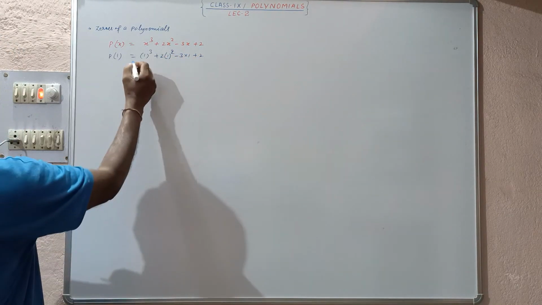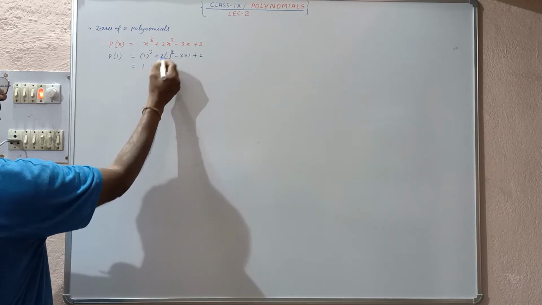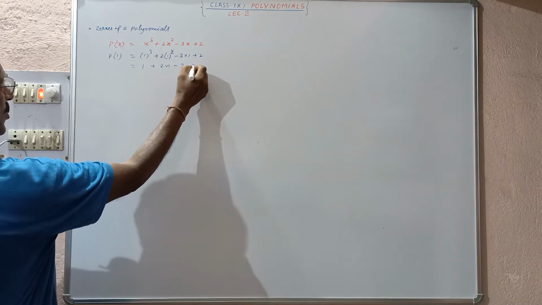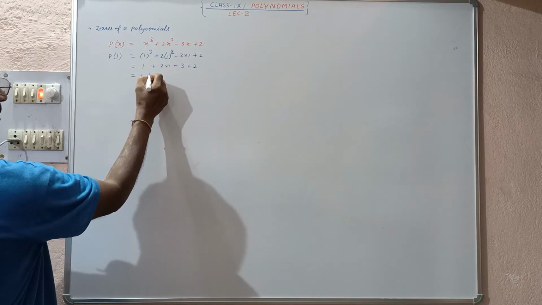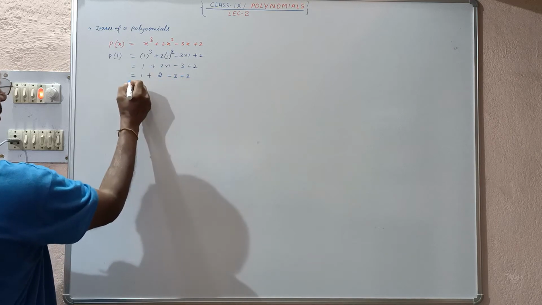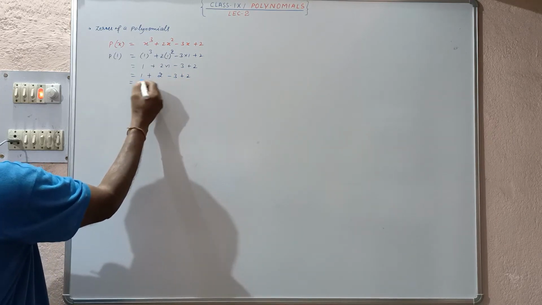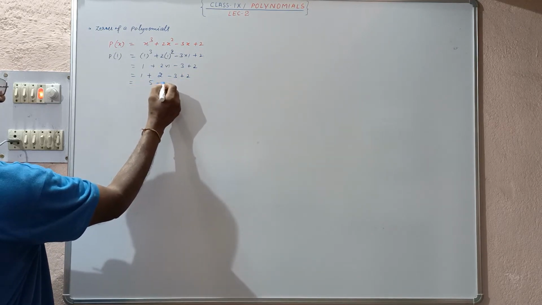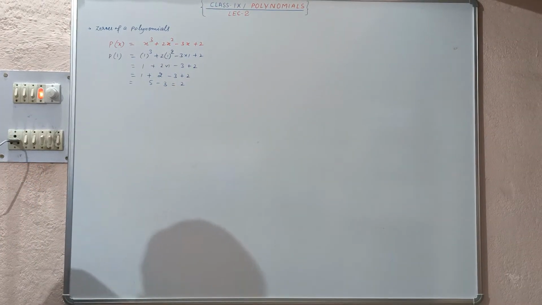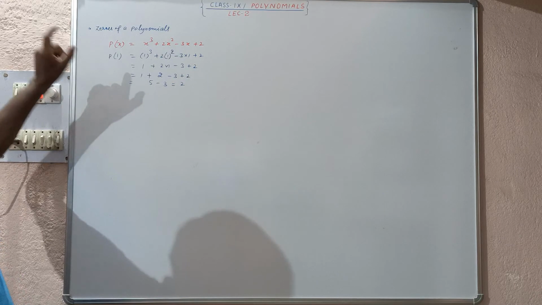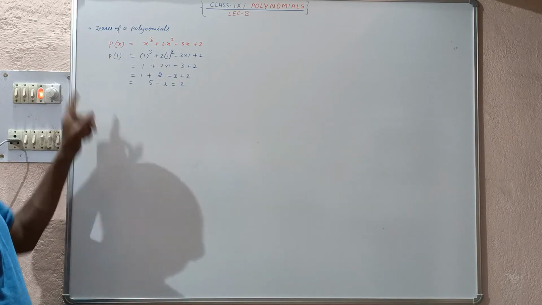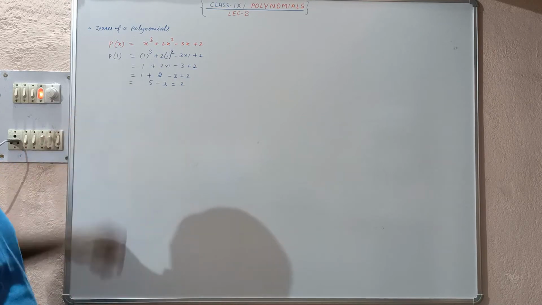Its value will be 1 plus 2 into 1 minus 3 plus 2, which is 1 plus 2 minus 3 plus 2. 2 plus 1 is 3, plus 2 is 5, 5 minus 3 is equal to 2. So now we say that the value of p(x) is 2 at x equal to 1.